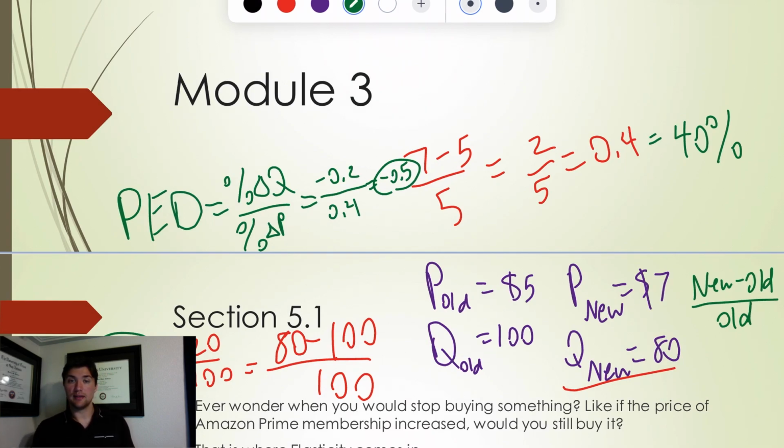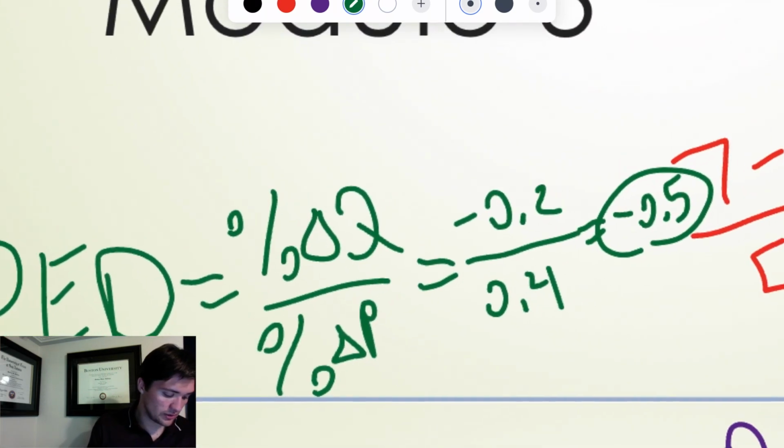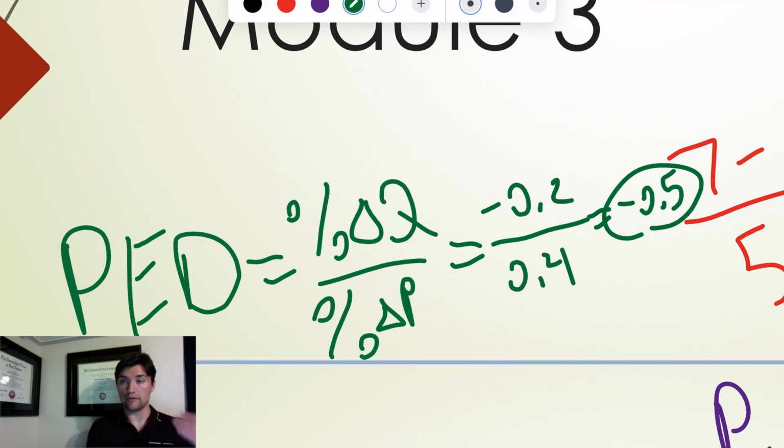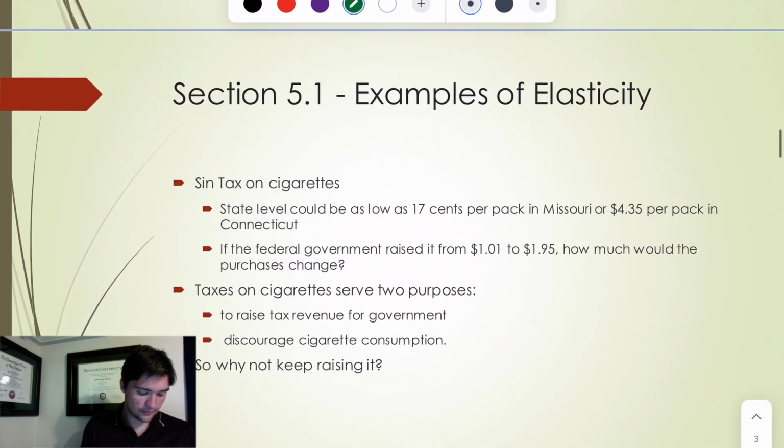This is going to be something that is inelastic. Why is this inelastic? Because when we did the calculation, we did the percent change in quantity over percent change in price, we saw that to be negative 0.5. So 0.5 is less than 1.